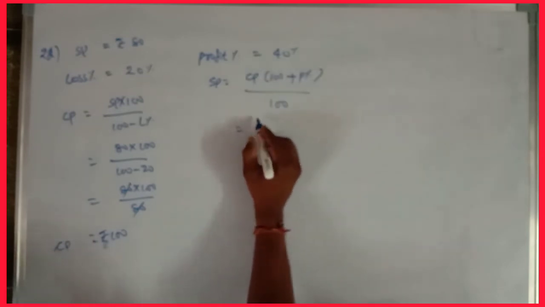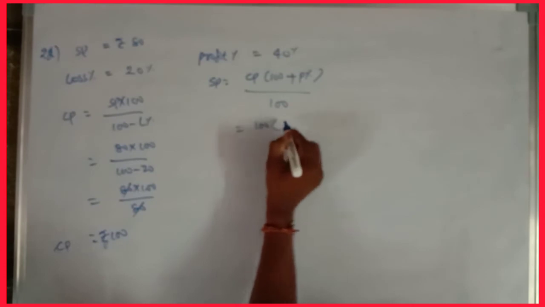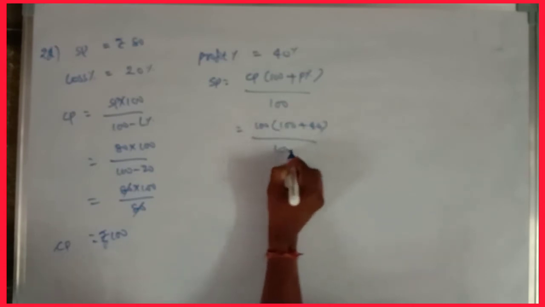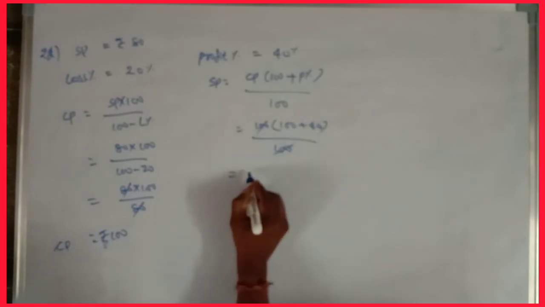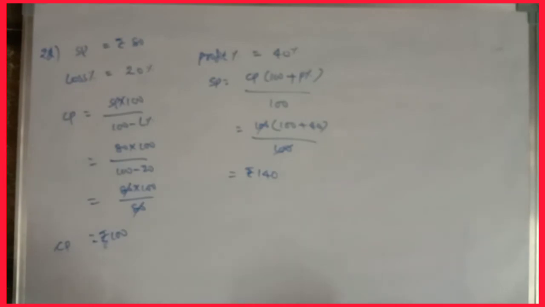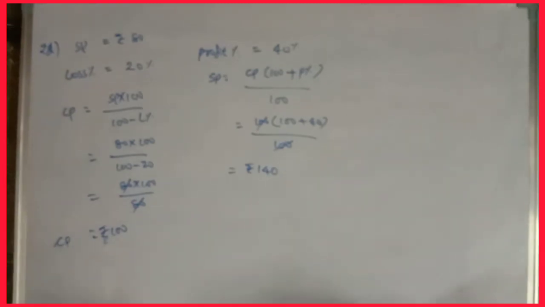That's equal to 80 into 100 plus 40 by 100. So 100 cancel. That is 100 plus 40, which is 140 rupees. So if the person sells it for 140 rupees, then he is getting a profit of 40%.